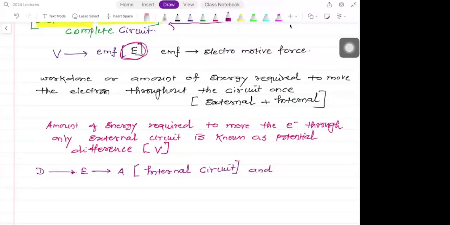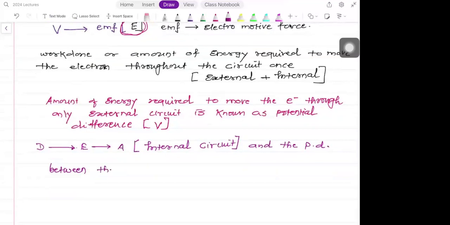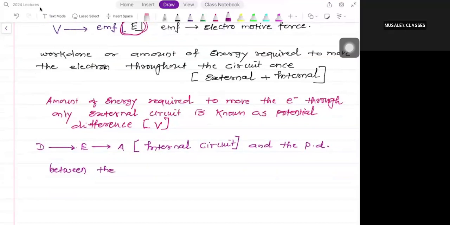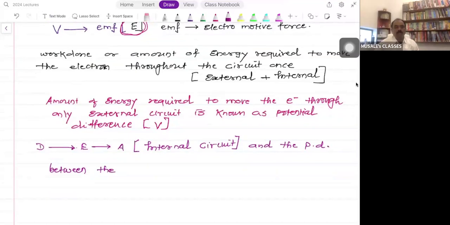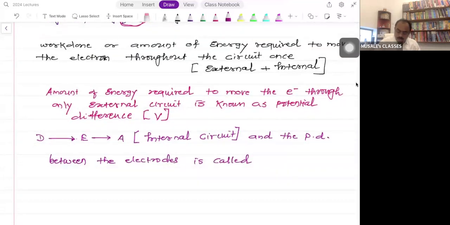And the potential difference between the two electrodes is called internal potential.